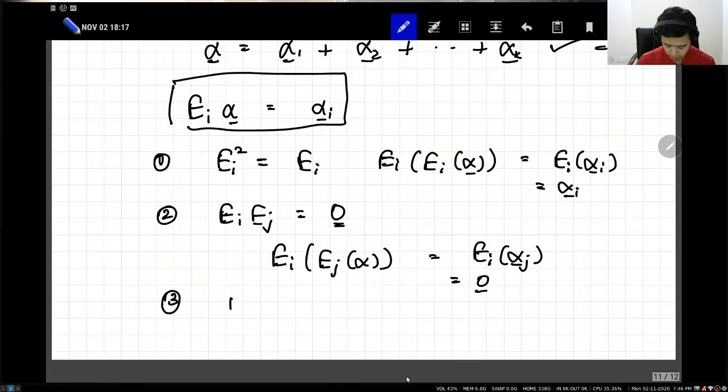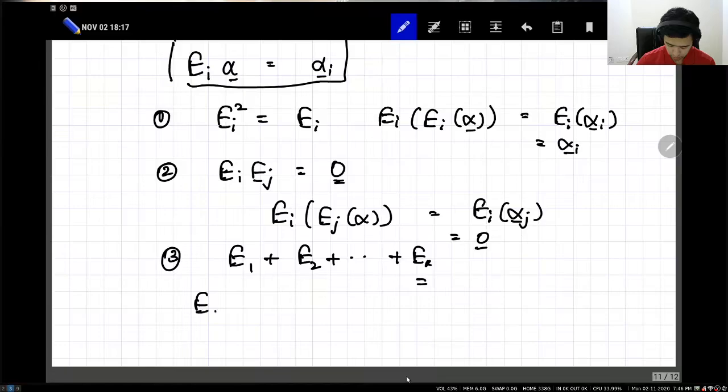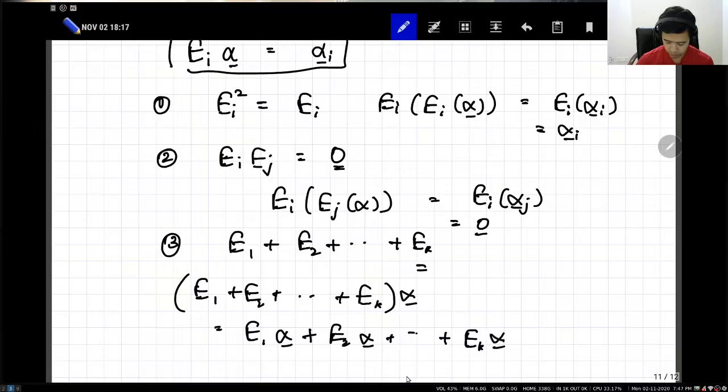And what can you say about the sum of the E_i's? So E_1 plus E_2, so on all the way up to E_k. If we take any vector alpha, then (E_1 plus E_2, so on up to E_k) of alpha is equal to E_1 alpha plus E_2 alpha, so on up to E_k alpha.